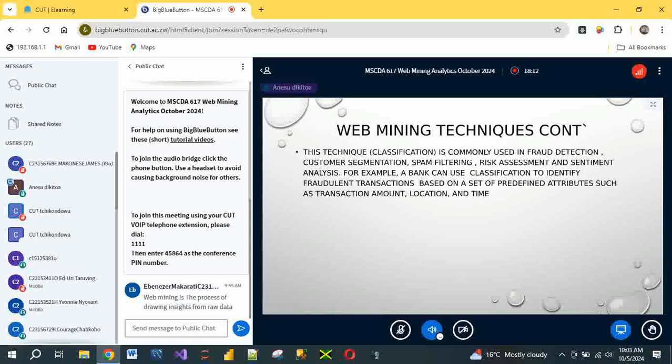Customer segmentation, spam filtering, risk assessment. I'm glad there is somebody from risk assessment. And sentiment analysis. For example, a bank can use classification to identify fraudulent transactions based on a set of predefined attributes such as the transaction amount, location, and time. I've already alluded to that.